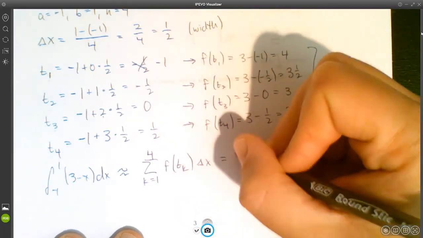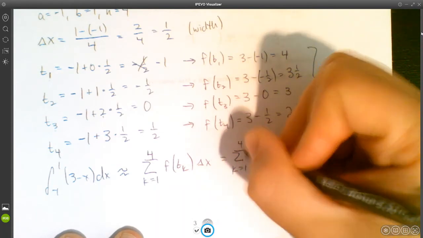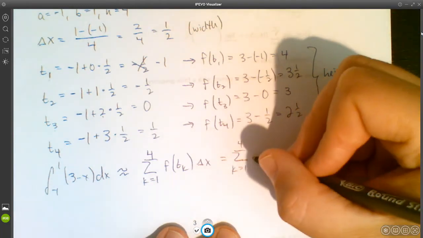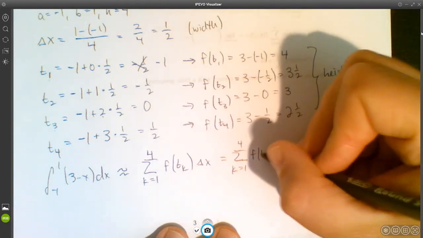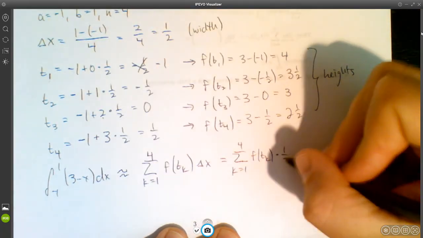That's the sum from k equals 1 to 4 of f of tk times delta x, which we said was 1/2, times 1/2.